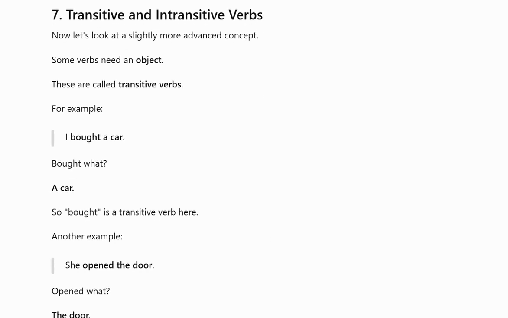Transitive and intransitive verbs. Now let's look at a slightly more advanced concept. Some verbs need an object. These are called transitive verbs. For example, I bought a car. Bought what? A car. So bought is a transitive verb here. Another example.